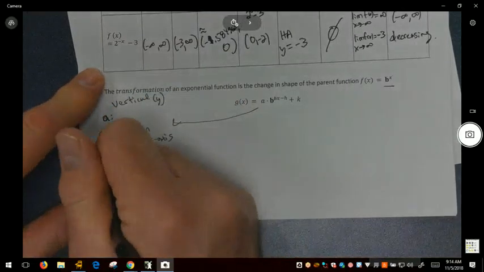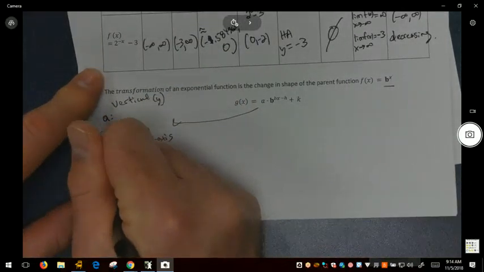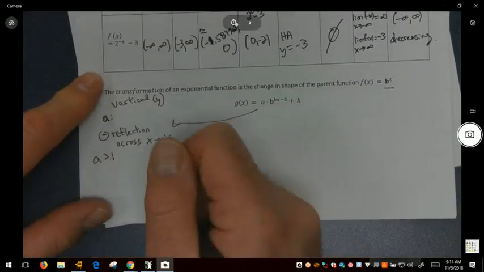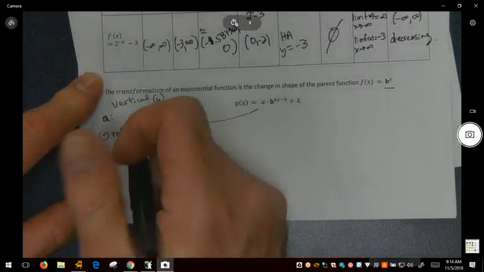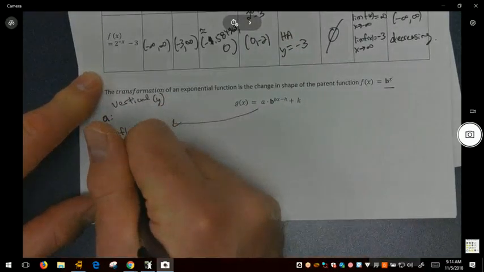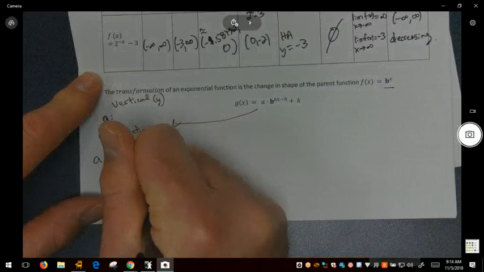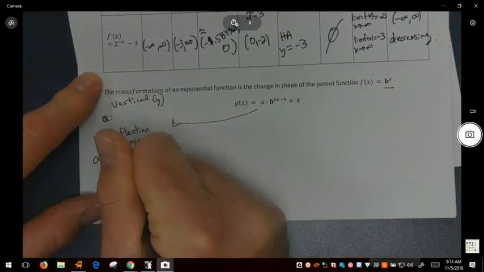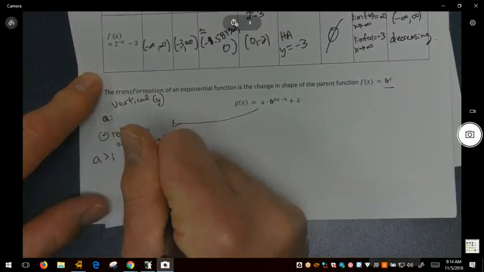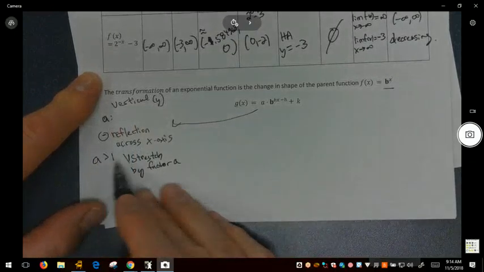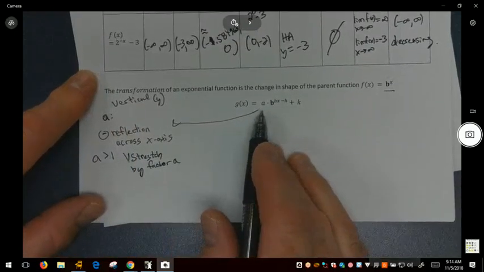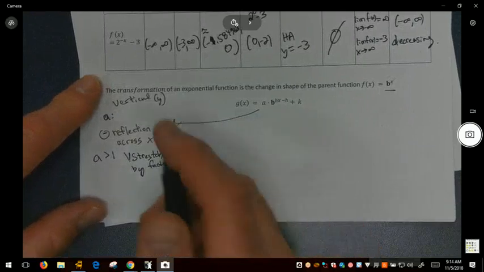Also, if a is a number greater than 1, meaning it's not a fraction, then it is a vertical stretch by factor a. So if it's 2, then everything is 2 times as high as it was before.